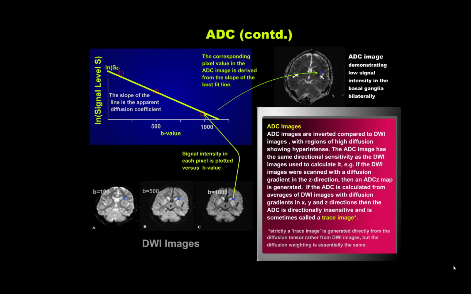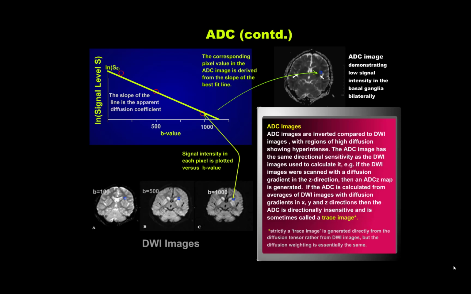Well, it's very like a student doing an experiment where they have to collect data and plot a graph. Luckily, the machine does all the hard work. We don't have to worry about plotting the graphs. But this is what happens. In an ADC, we are running diffusion-weighted imaging. So the backbone is, as described before, we're running DWI images.